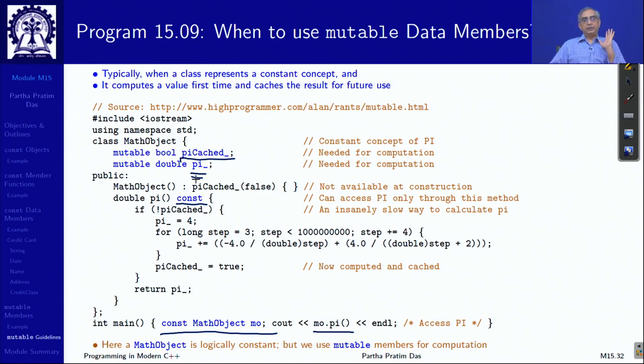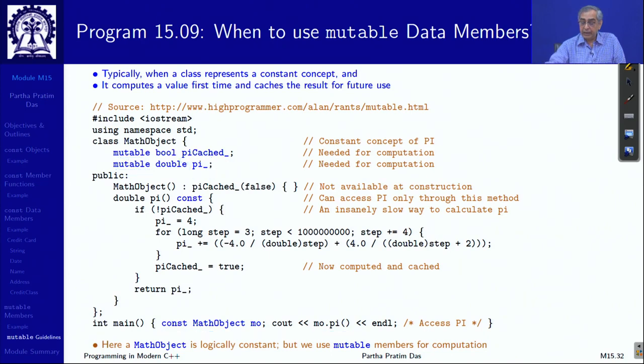Logically pi is constant, but the first time, pi is not there, so I have to be able to compute and put it. That is the reason I am putting mutable, and to support that, pi cached is also mutable. So, even in a constant object, the data member is made mutable, so that I could compute it on demand, and henceforth use it whenever I want.